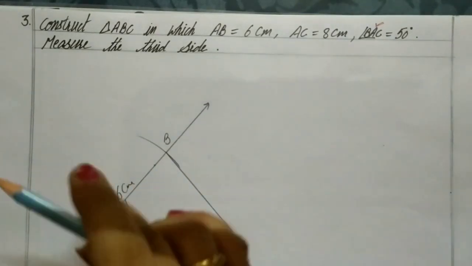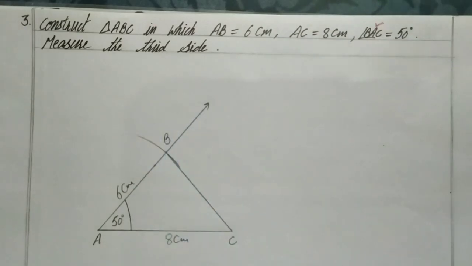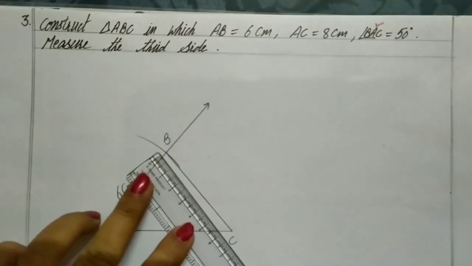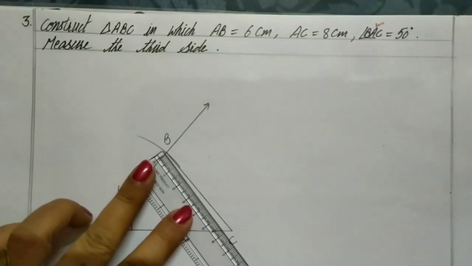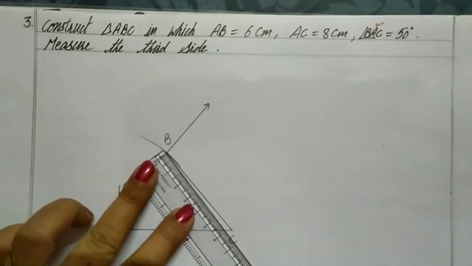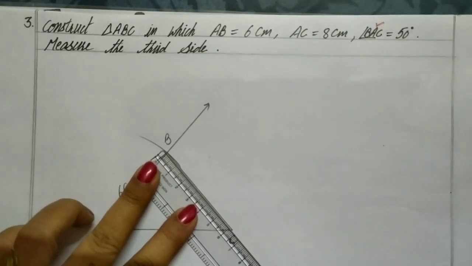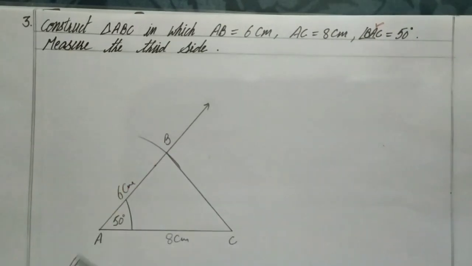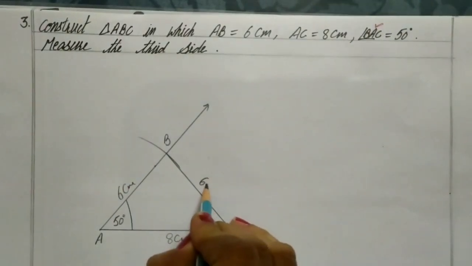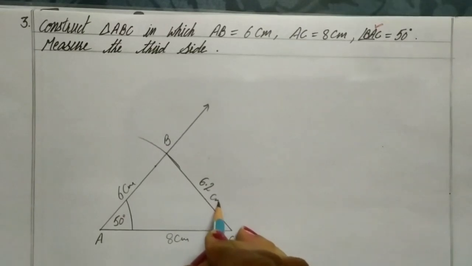Now according to the question we have to measure the third side. With the help of your scale you have to measure this. Put 0 against B and measure the segment. Check the second end. It is in front of 6.2. So this is 6.2 centimeter.